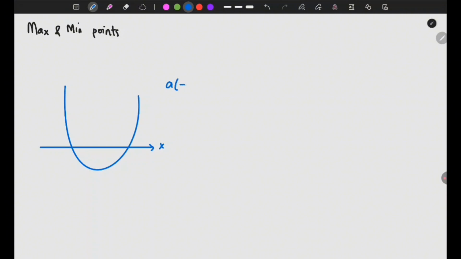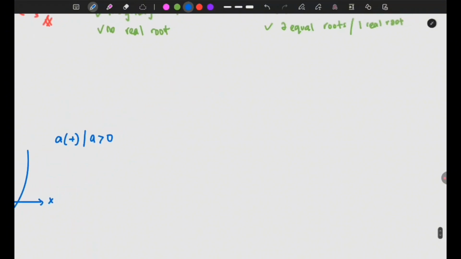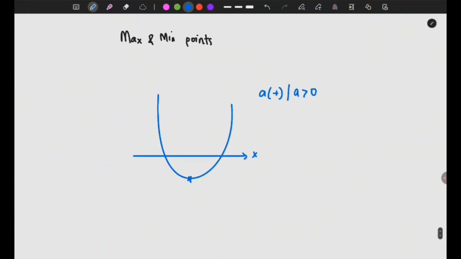If your a is more than 0, smiley face, that means this point at the very bottom will be the minimum point, because it's at the bottom there. It will be the minimum point. And the minimum point is not referring to the x-axis. Let's just say I have a y-axis, maybe somewhere like this, f(x).